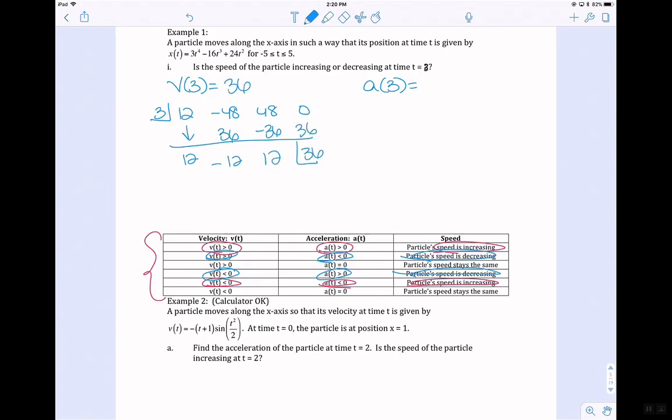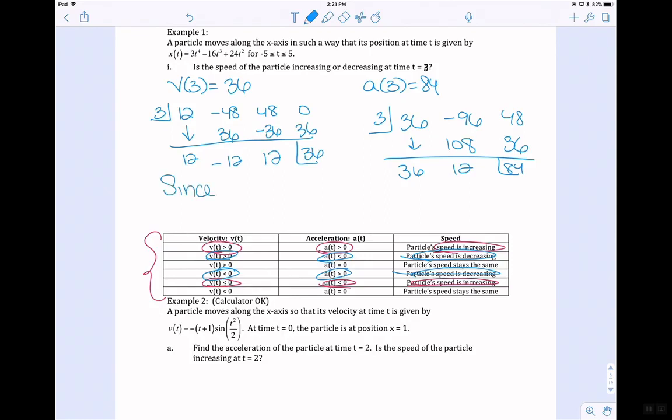So v of 3 is 36. A of 3: that is 36, negative 96, and 48. Bring down the 36. 3 times 36 is 108. 108 minus 96 is 12. 3 times 12 is 36. So I get 84.